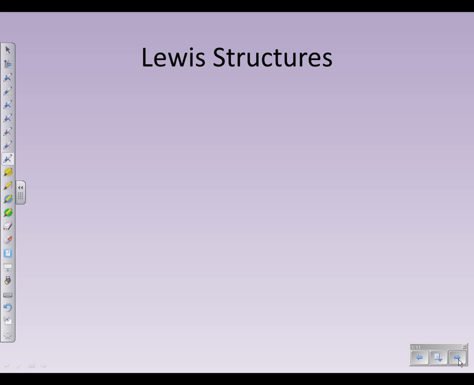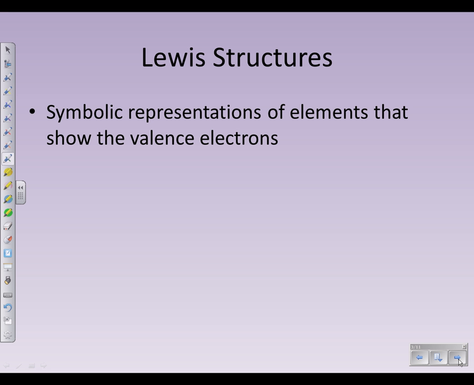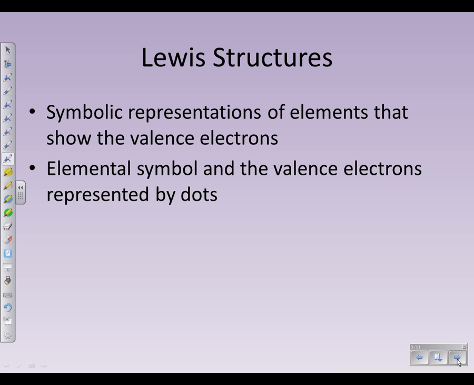And we call those Lewis structures. Lewis structures are symbolic representations of elements that show their valence electrons. A Lewis structure consists of two parts. It consists of the elemental symbol and the valence electrons that are represented by dots.